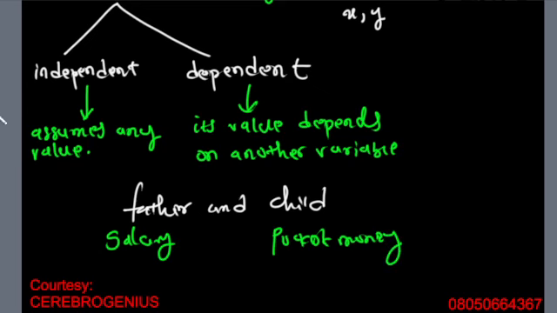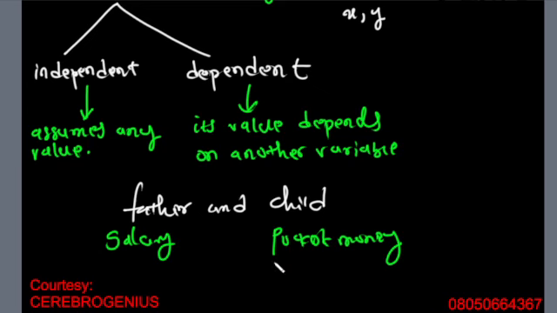Which one is dependent, which one is independent? The child's pocket money depends on the father's salary, but the father's salary does not depend on the child's pocket money.